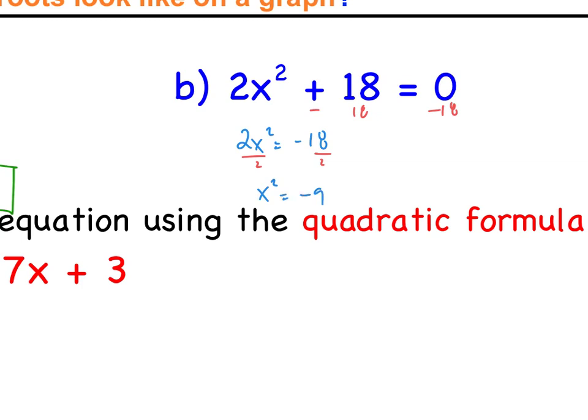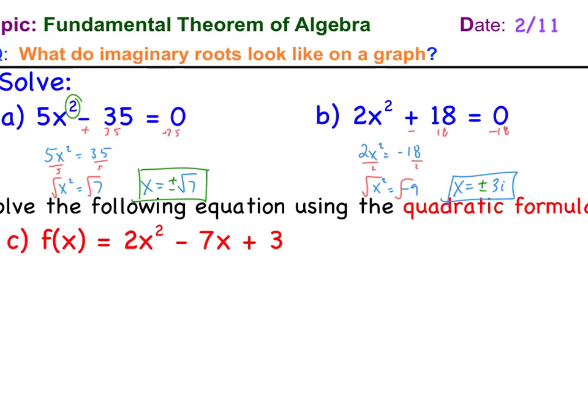And then when we go to square root, x equals plus or minus. So what's the square root of negative 9? I hope you were all saying 3i. Remember, when we square root negatives, we get imaginary numbers. So that's coming back.